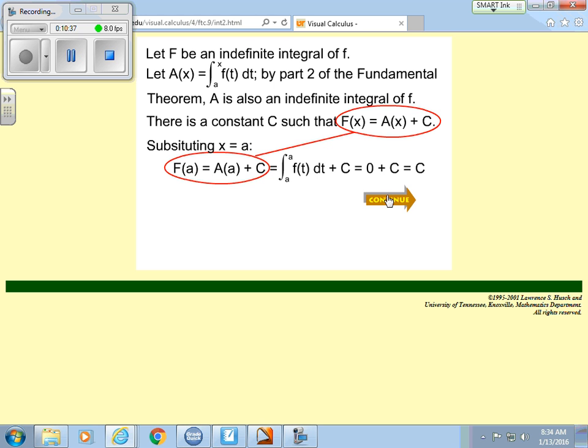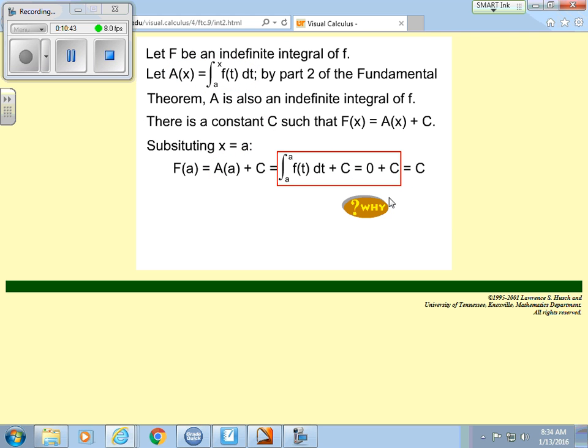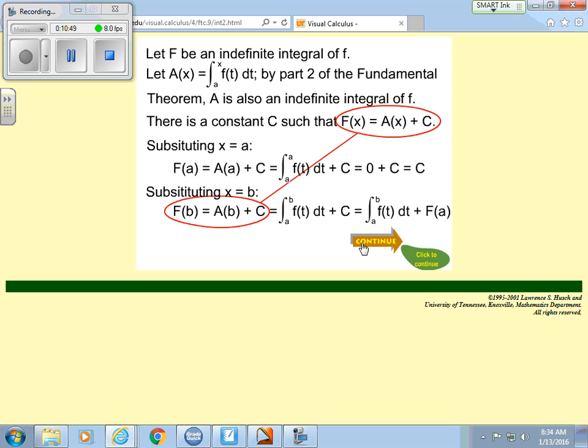So F of a would be the constant c. They're telling you why, which you knew that already. F of b would be A of b plus c. And so we would get the integral from a to b of f of t dt plus c.